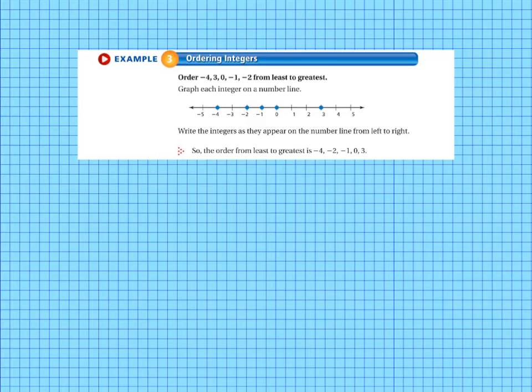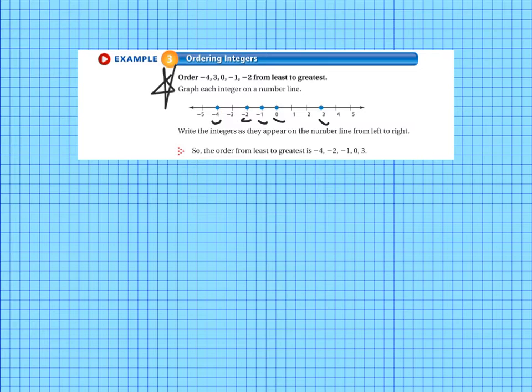Sometimes we're asked to put integers in order. So we're being asked here to order negative 4, 3, 0, negative 1, and negative 2 from least to greatest. A great strategy for doing this is to graph each integer on a number line. So we graph negative 4, negative 2, negative 1, 0, and 3.